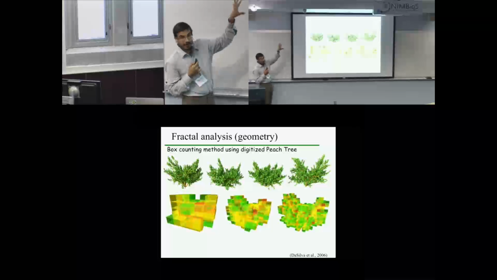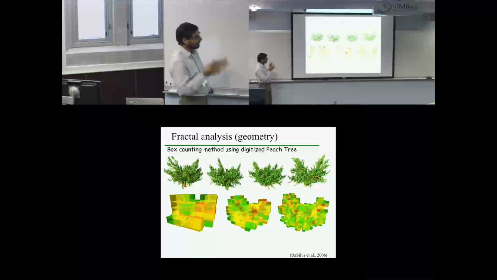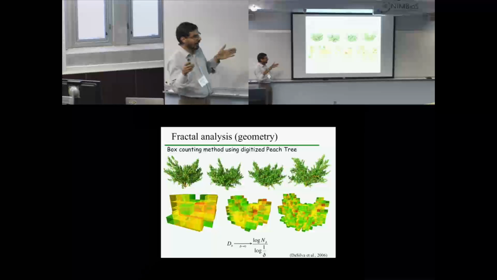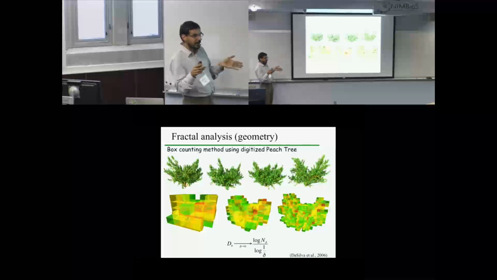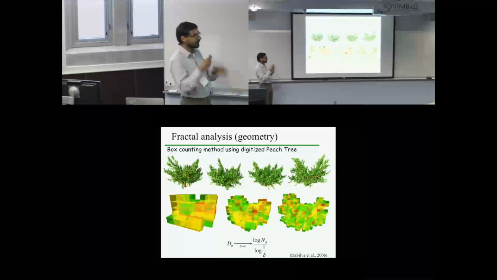So we take just the leaves, and we embed all these leaves into a voxel space, a grid space in 3D. And we count, based on the size of the voxels, how many voxels intercept leaves. And then we have a measure of the fractal dimension. It's not exactly the same.